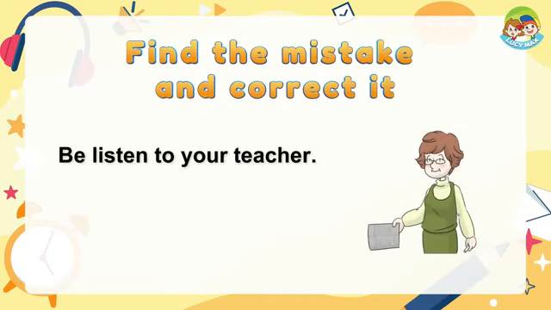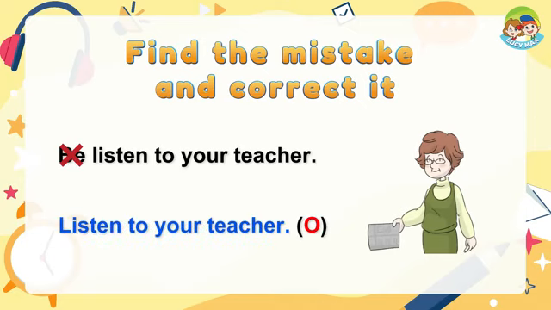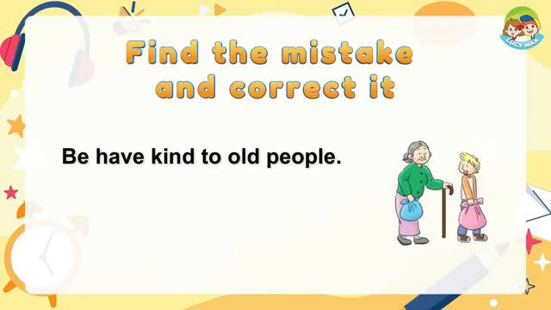Be listen to your teacher. There is no be with verbs. So the sentence is listen to your teacher. Be have kind to old people. You don't use the verb.